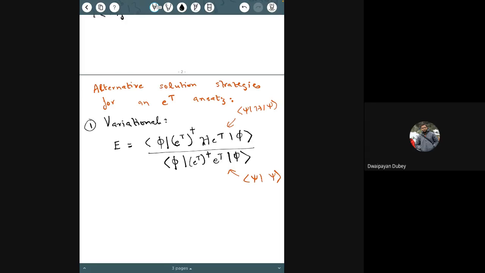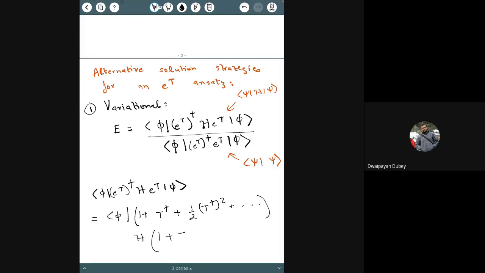Even then, my phi e to the power t dagger h e to the power t phi, this is one plus t dagger plus half t dagger square plus whatever, then you have h in the middle, and then you have 1 plus t plus half t squared plus whatever, phi.